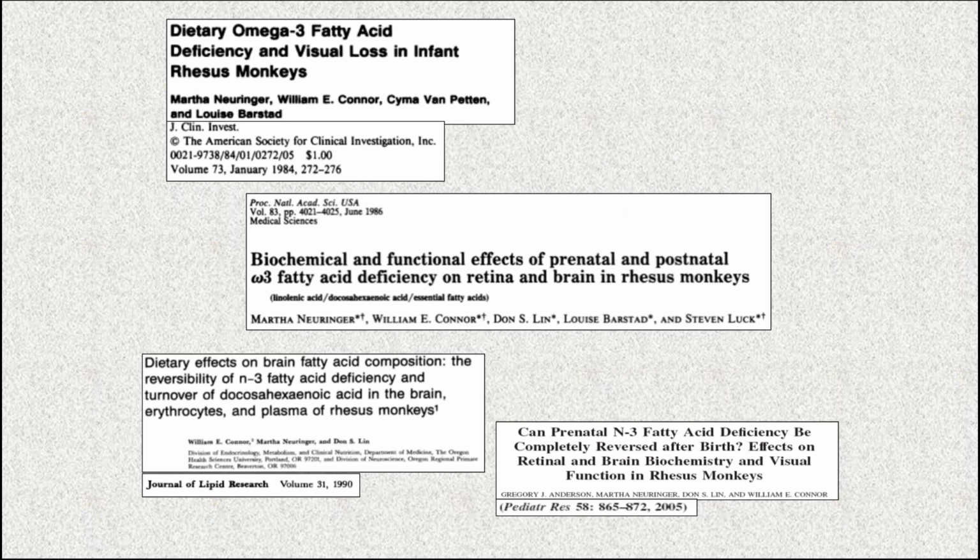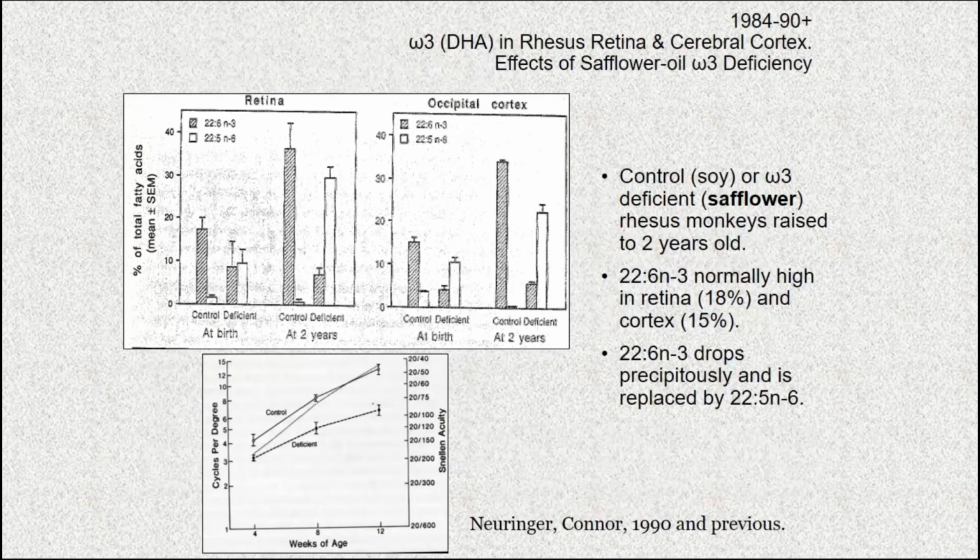They looked at many other things too, but visual function. These studies, to some degree, recapitulated the data that was found in rats that I showed you a few slides ago in 1973, but they conducted the studies in a different way. They ensured that the omega-6s were sufficient in those animals. And of course, they're able to look at tissue levels. So they were doing specific omega-3 deficiency.